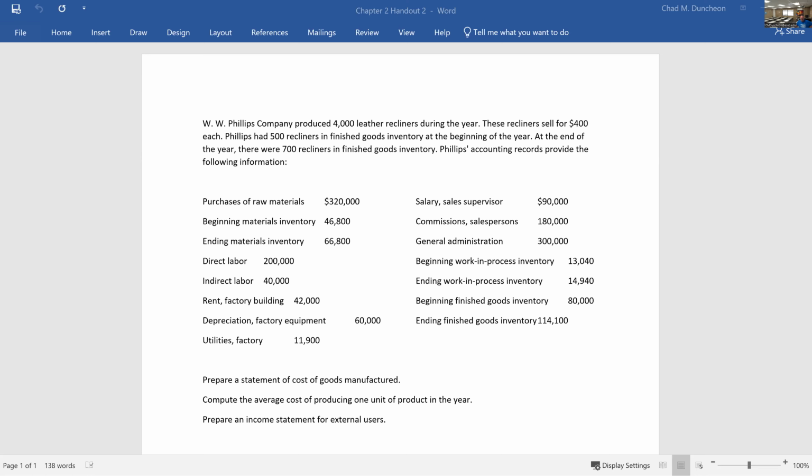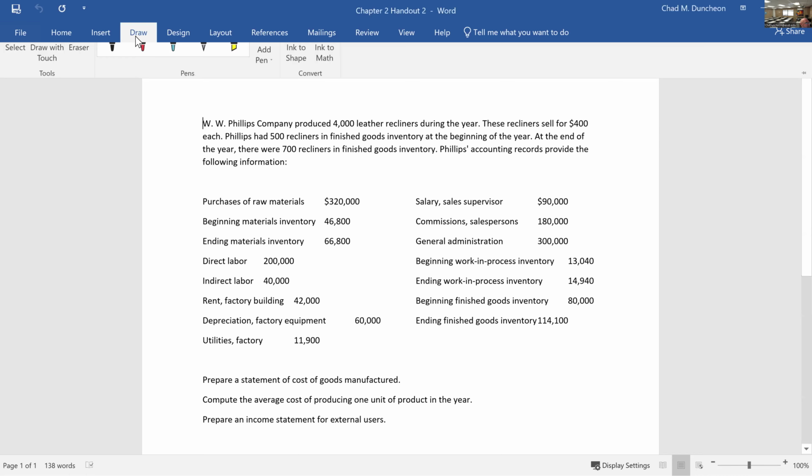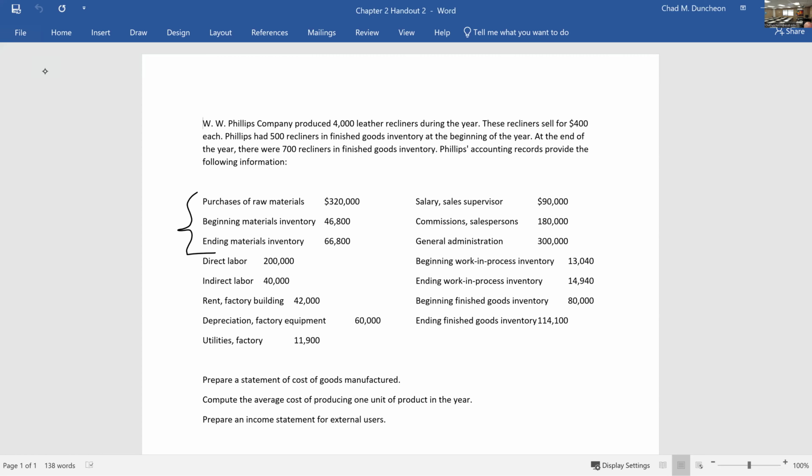The first thing I like to do when working a problem like this is identify what we have here. All right, so let's look at our handout. Everything we have here, we're going to use to calculate our direct materials. As we go on to identify things, we have direct labor.